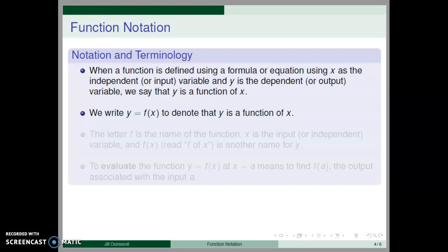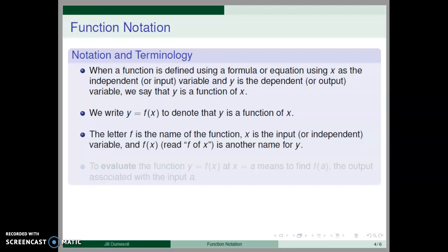We write y equals f of x to denote that y is a function of x. Notice f(x) is read f of x. The letter f is the name of the function, x is the input variable, and f of x is another name for the output variable y.